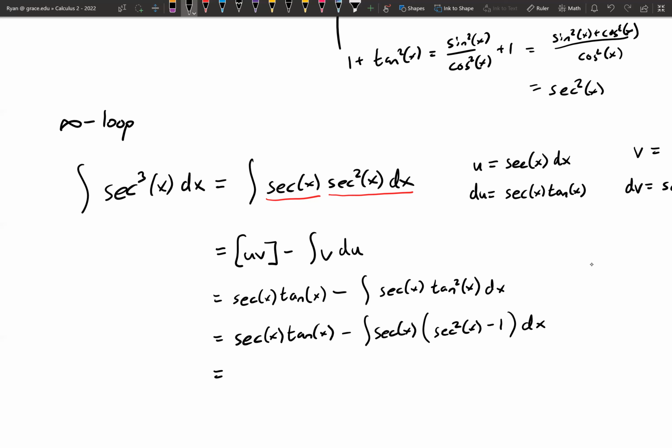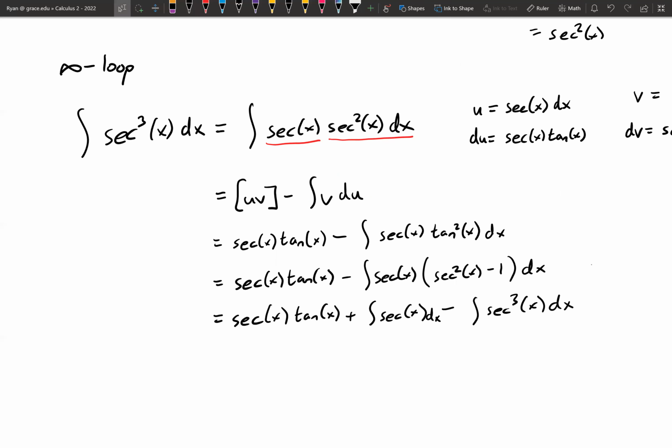So then this is equal to secant of x tangent of x, and then I've got minus minus, so then plus integral of secant of x, and then minus integral of secant cubed of x. That's dx, and that's dx.